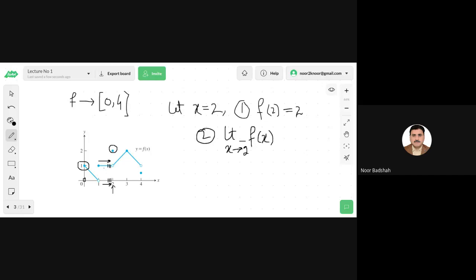We don't check the value exactly at that point, and that is done in part 1 basically. We see as I approach 2 from the left side, the graph is approaching towards what? This point. The value of y is 1. So we would say limit in this case is 1. The left hand limit is 1.